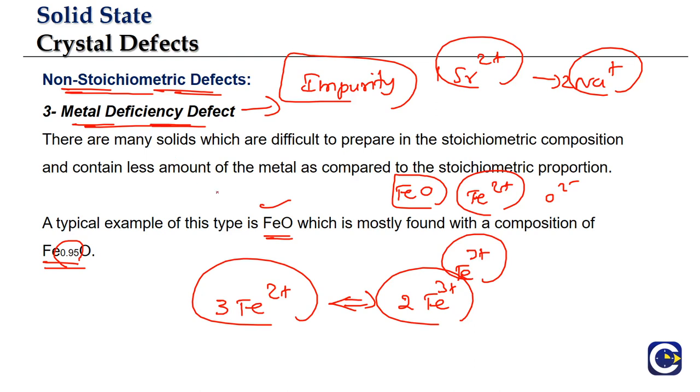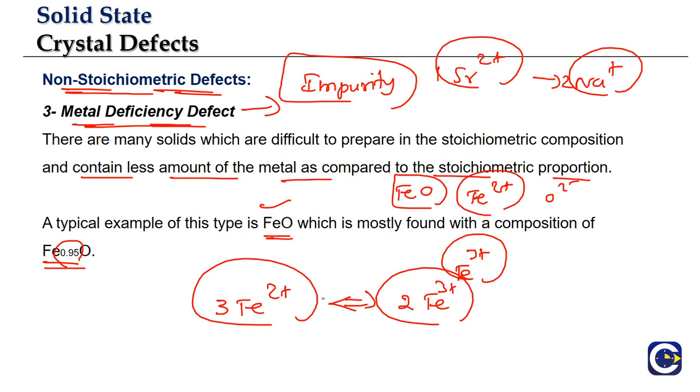So what is this metal deficiency defect? It is a type of non-stoichiometric defect where the substance will contain less of the metal as compared to the stoichiometric proportion. Now why is it containing less of the metal? Because some of these metal cation positions are occupied by metal atoms with a higher valency, that is it.